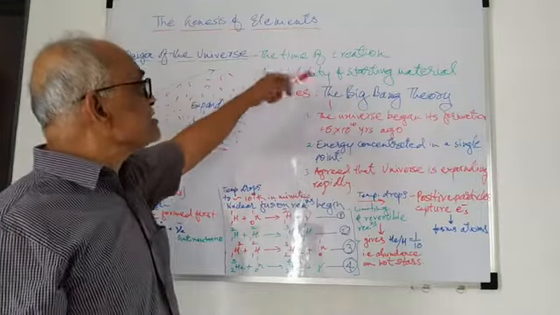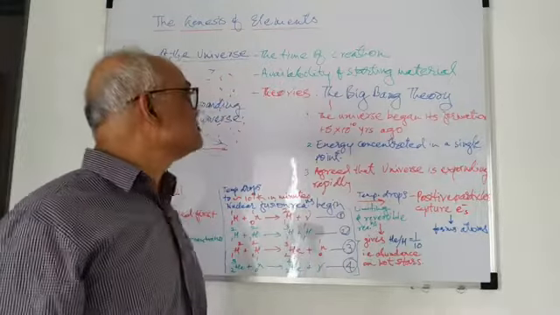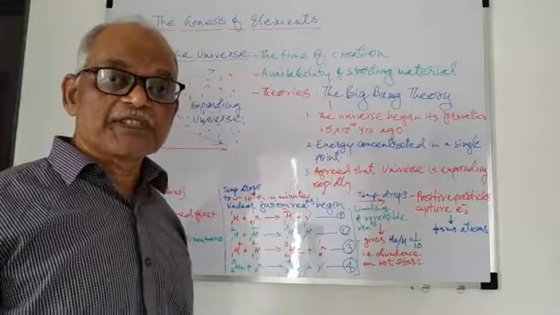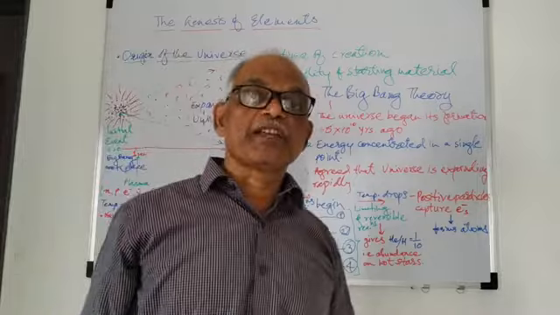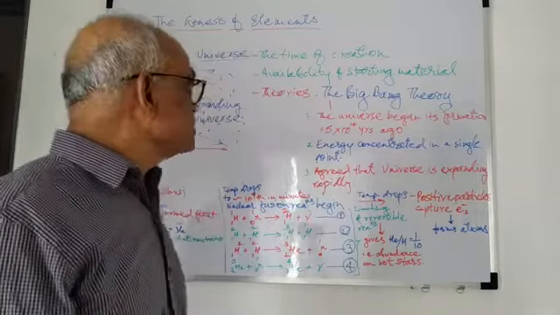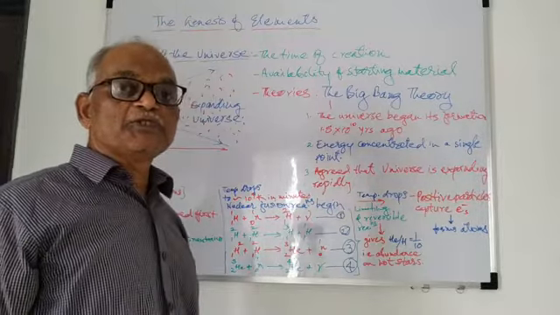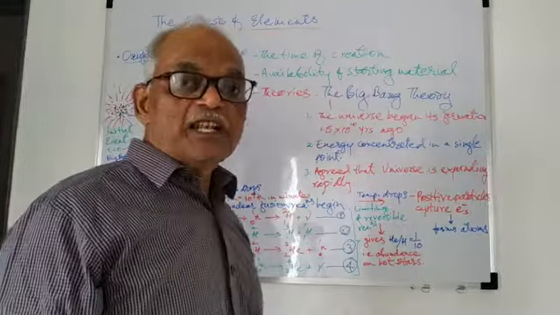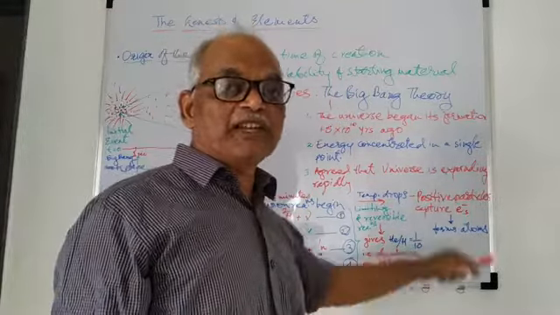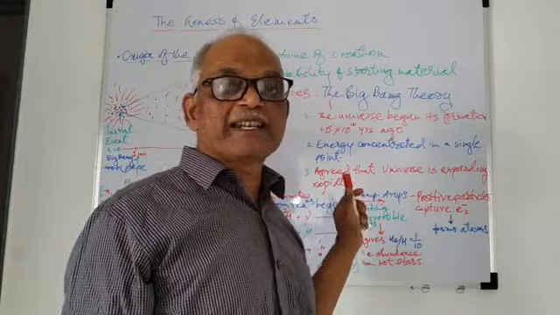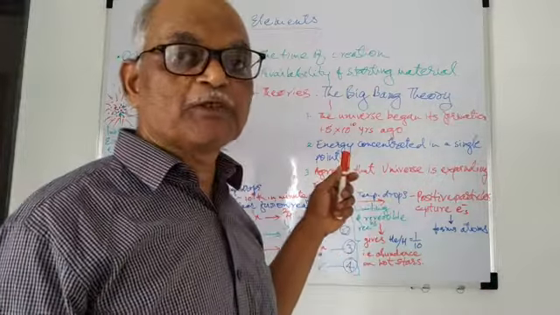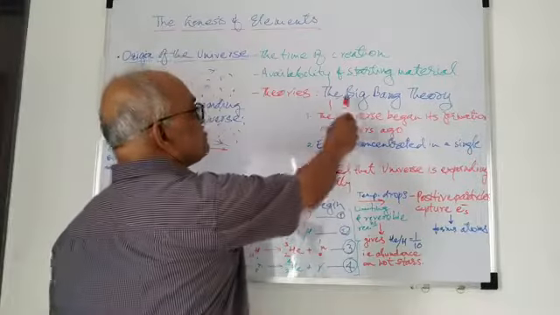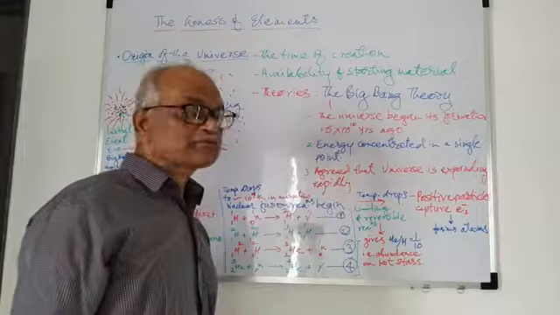Then these things can be explained with the help of various theories. There are a number of theories available to explain the origin of the universe, but the well-known and most applicable theory, which can provide us a better explanation, is the Big Bang theory.